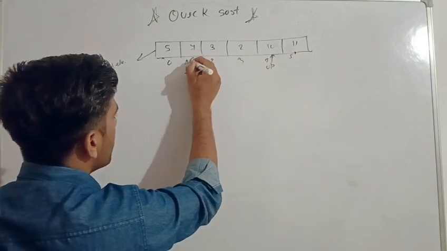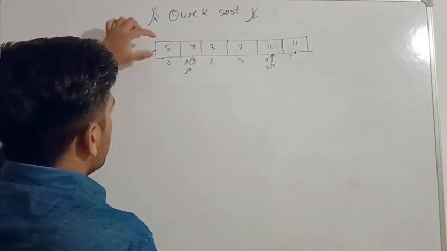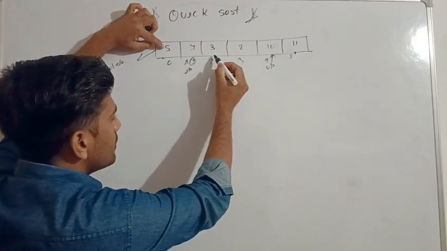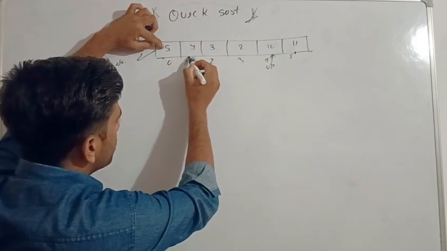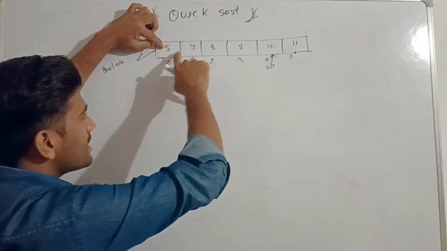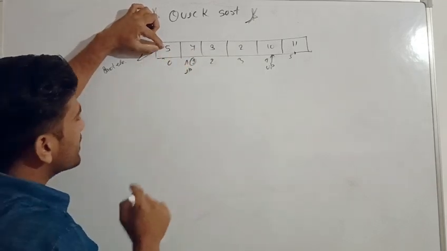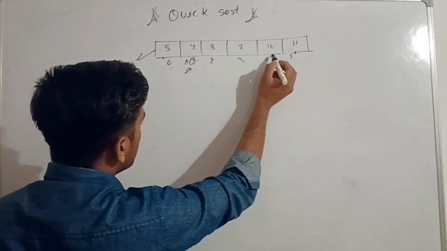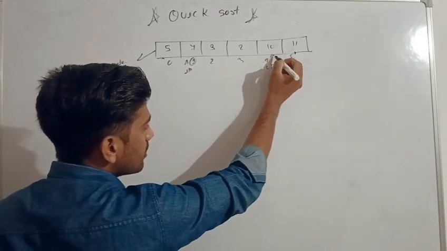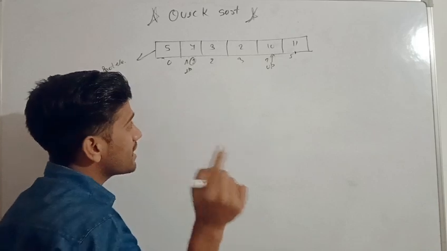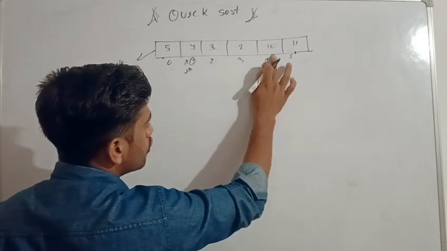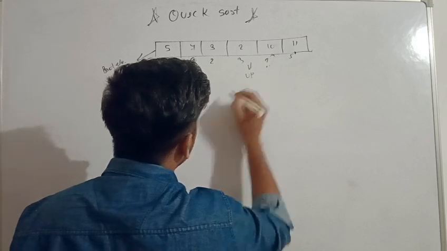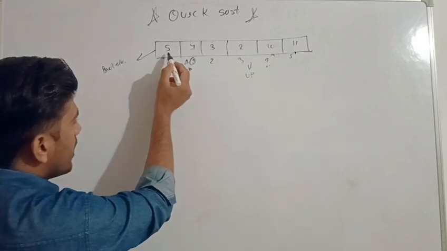Now again check: 7 is greater than 5. Yes, 7 is greater than 5, so no need to increment. Now again check: 10 is greater than 5. Yes, 10 is greater than 5, so the upper bound should be decremented. Now again check, it will be 7.